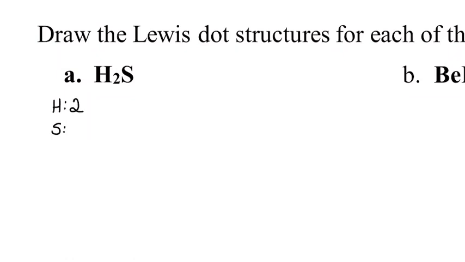Hydrogen has a subscript of 2, sulfur has a subscript of 1. Now, hydrogen lives in group 1A, so that means that it has 1 valence electron. Sulfur lives in 6A, so it has 6 valence electrons.